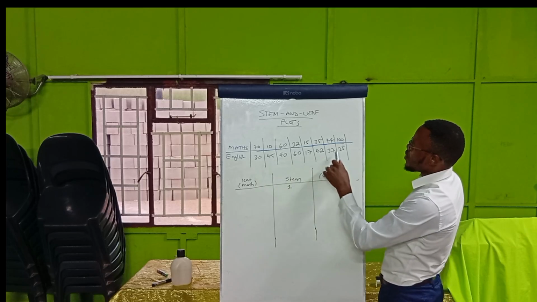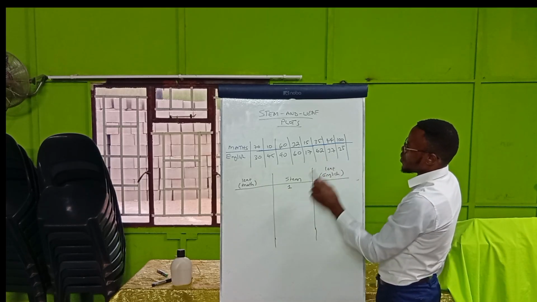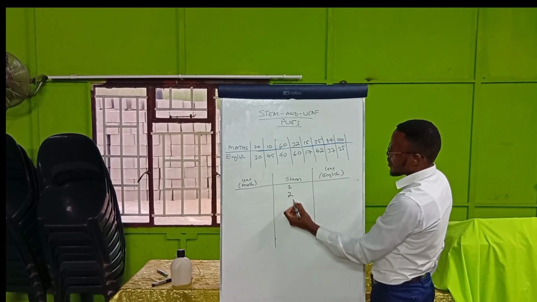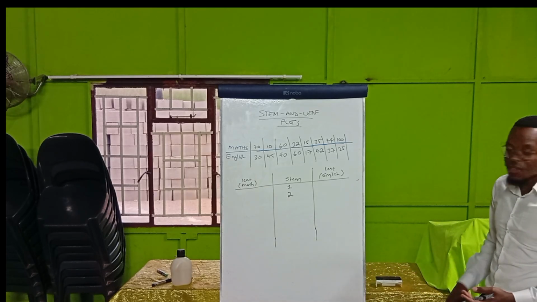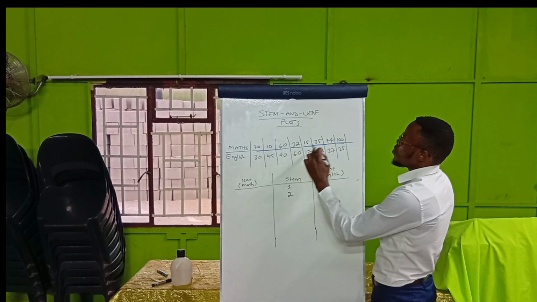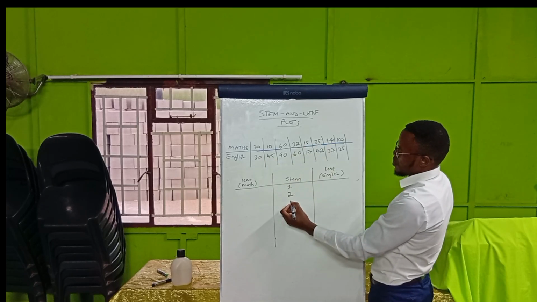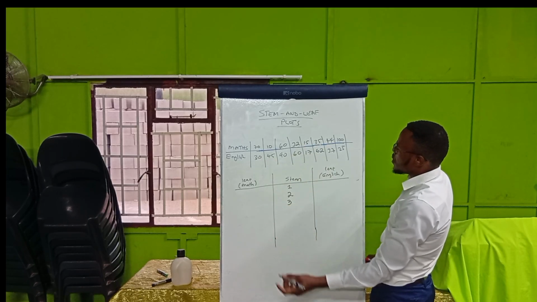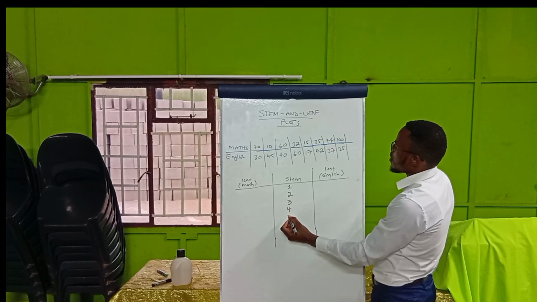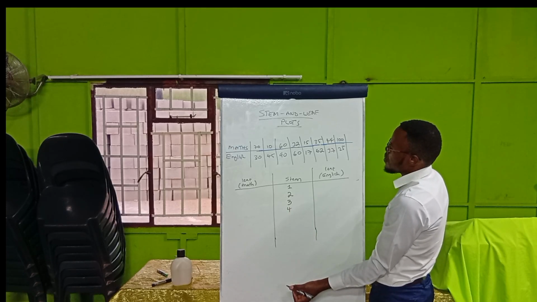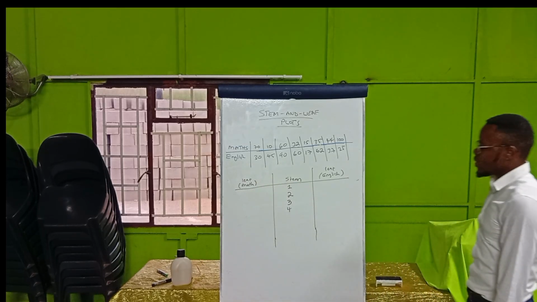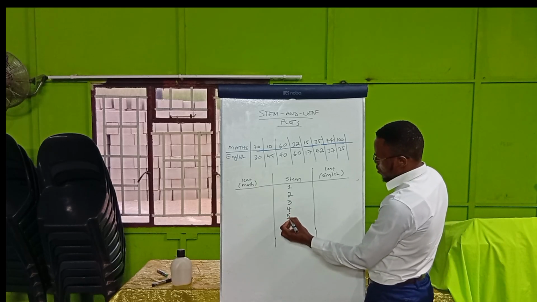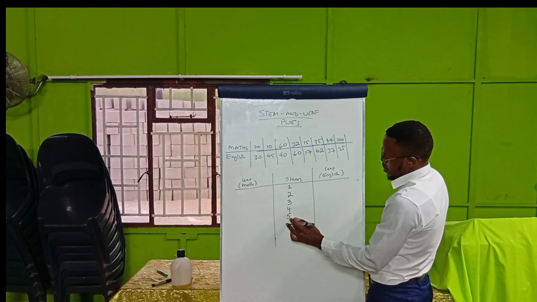Of course, I have a 25 in English, so this will qualify as a stem. Do I have any number that has the stem of 3? I do: 32, 35, 30. So the stem of 3. The stem of 4 is also there. Do I have a 50 anywhere? No, I do not. So I can just write the 5 even though I will not show any leaves.